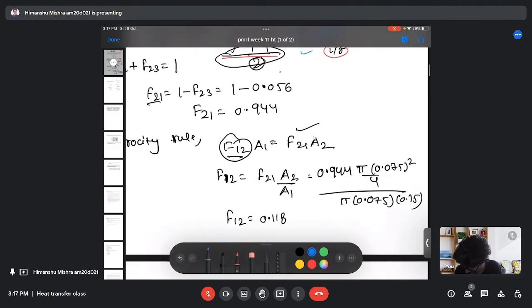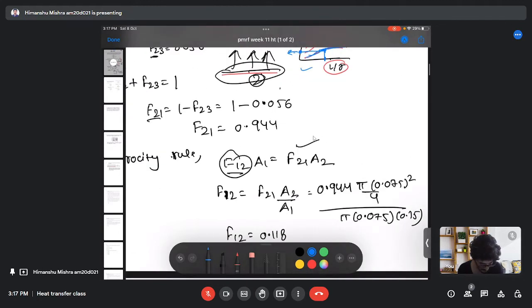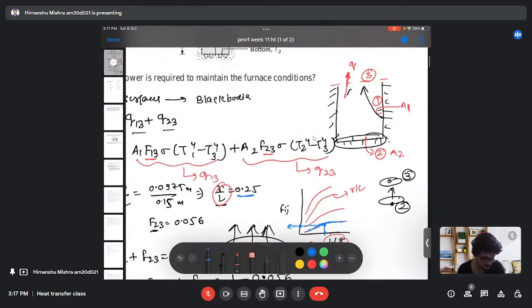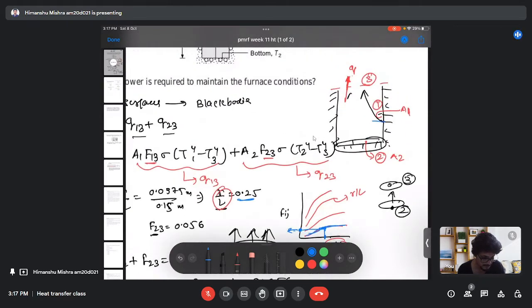So we get the view factor F12. That means the radiation coming out from surface 1 and intercepted by surface 2. Now from the symmetry we can see that the radiation which is coming out of 1 will go to 3, and the same amount of radiation can go to 2 also.